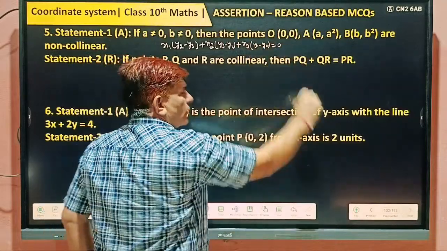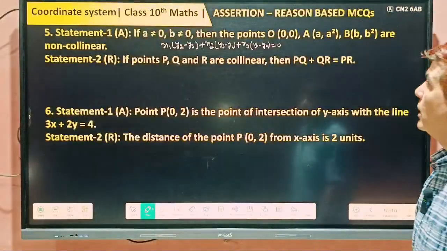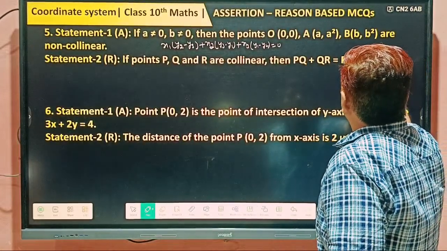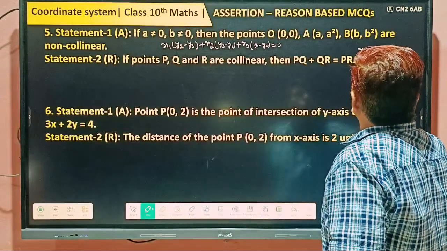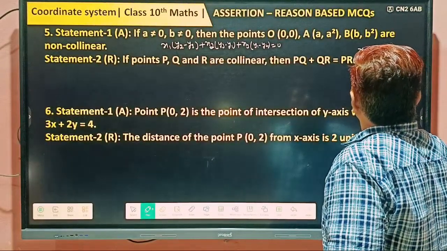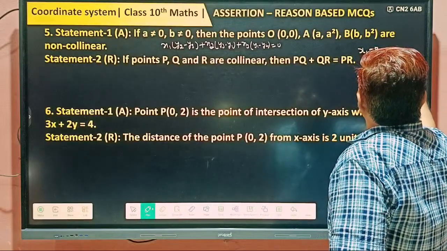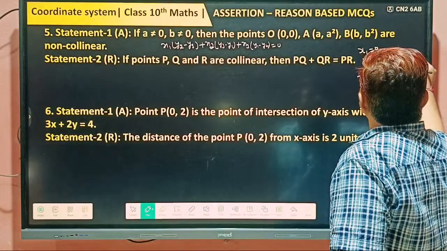If it is equal to 0, they are collinear. If this is not equal to 0, then they are not collinear. So I can write, what's your x1? x1 0, y1 0, x2 a, y2 a square, x3 b, y3 is equal to b square.